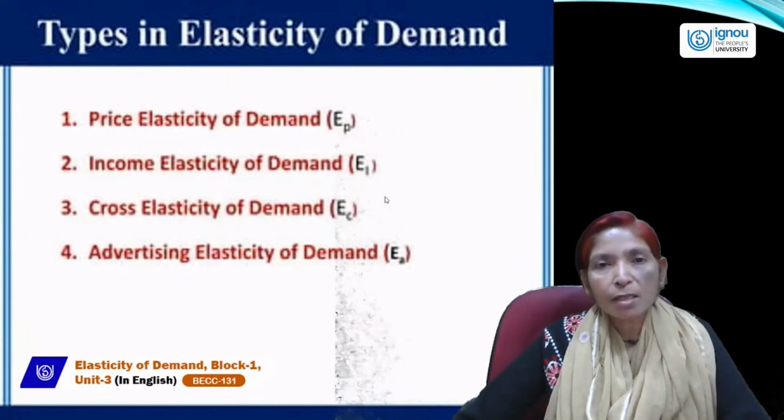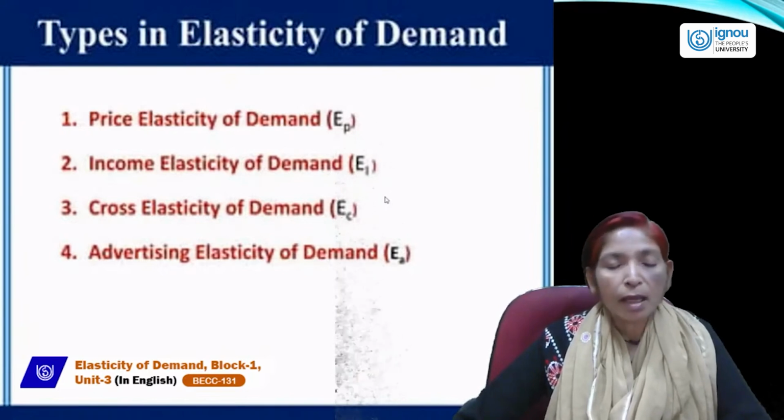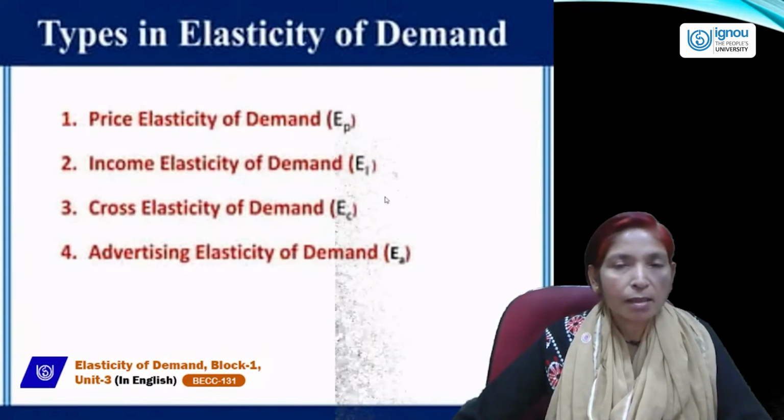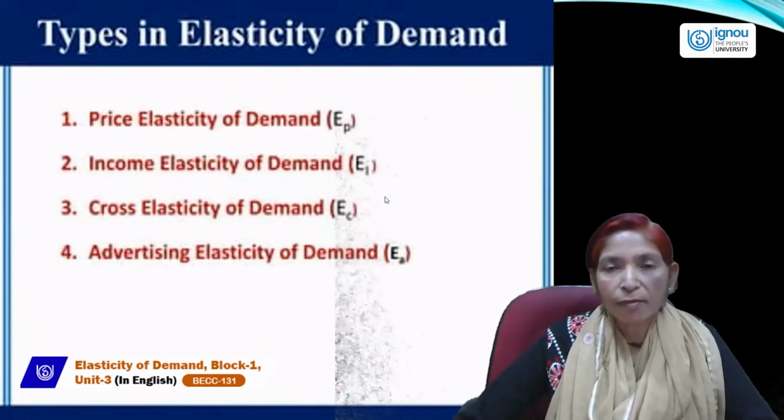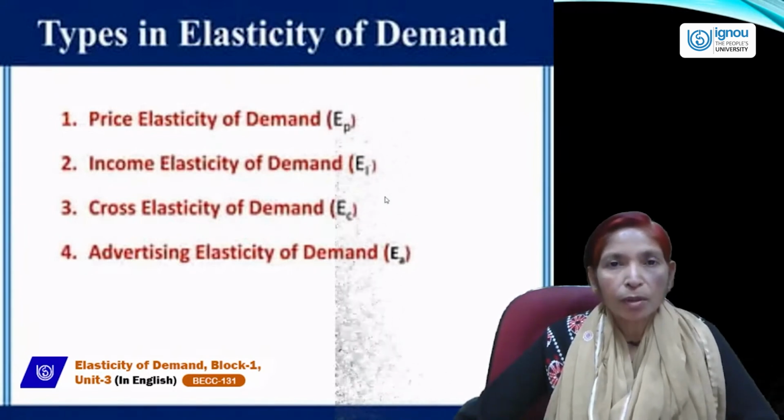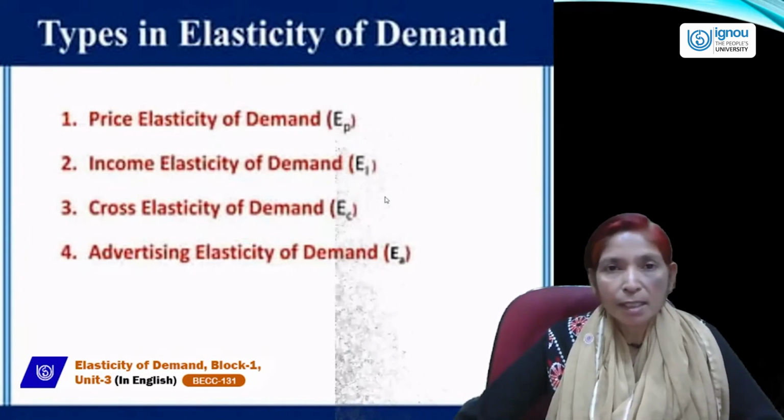And if your demand is affected by advertising or publicity expenditures, then it will be called advertising elasticity of demand, because sometimes our demand is affected by more publicity and more advertising.